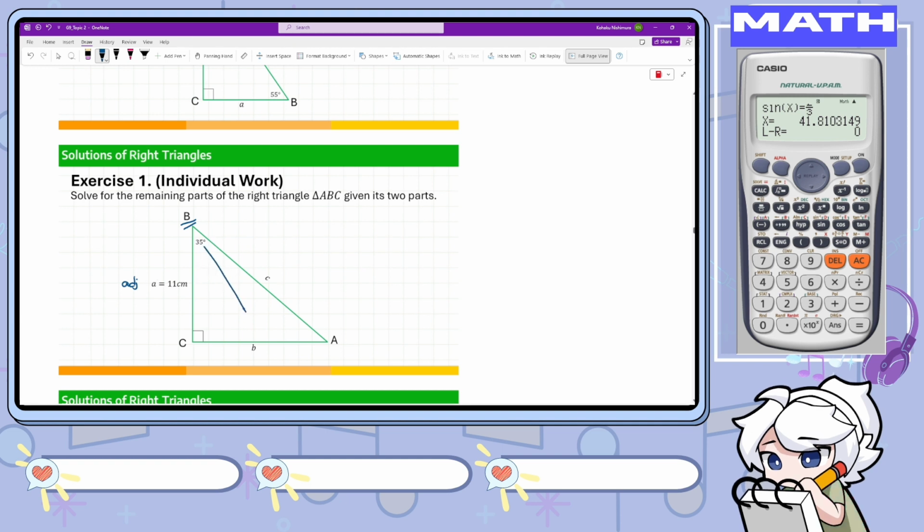But this one, what is this? This is our opposite. So let me delete this real quick. And this one particularly is the hypotenuse. Now, without using the values once we solve the hypotenuse and opposite, let's just refer to the adjacent and angle B so that we can solve for the others, right?